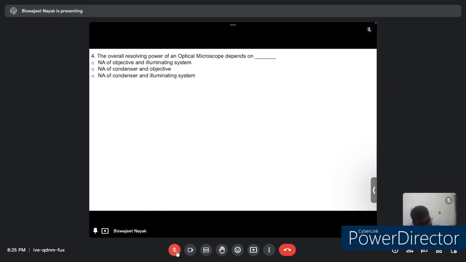As I have already told you, the illuminating system and the type of objective which we are using matter a lot.